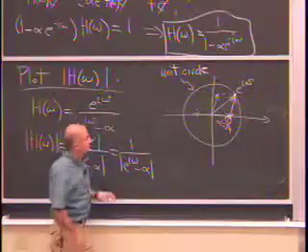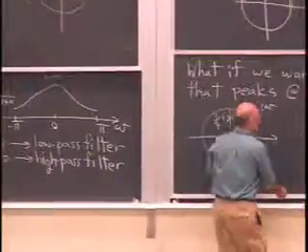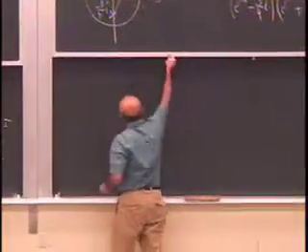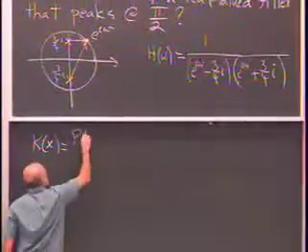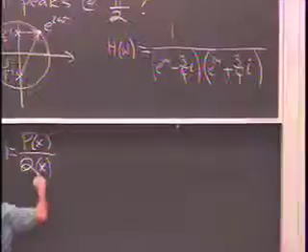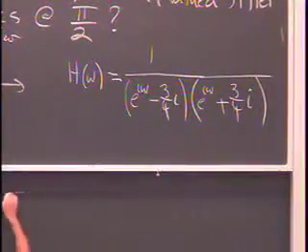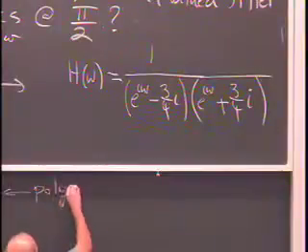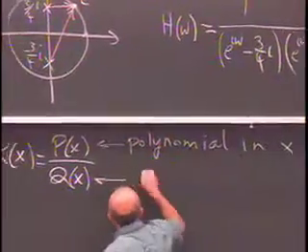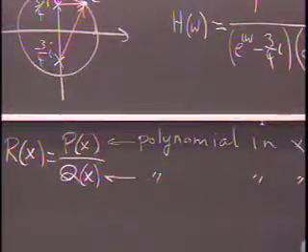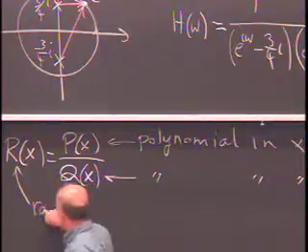A function that's of the form p of x over q of x, where x is a variable. This is like your high school algebra type of variable. Polynomial in x, polynomial in x. These functions are called rational functions of x.